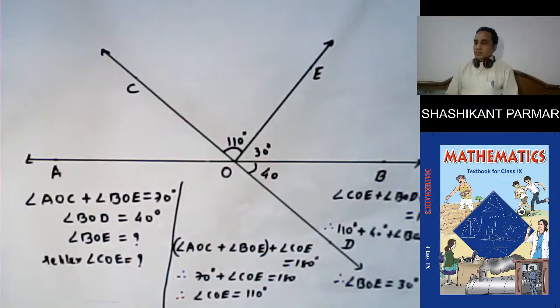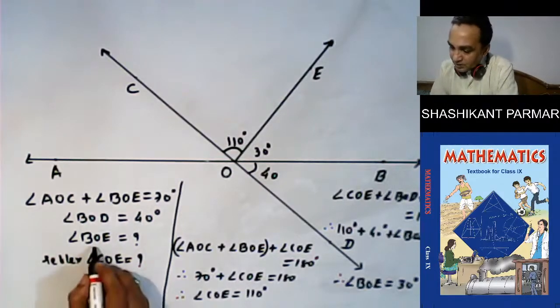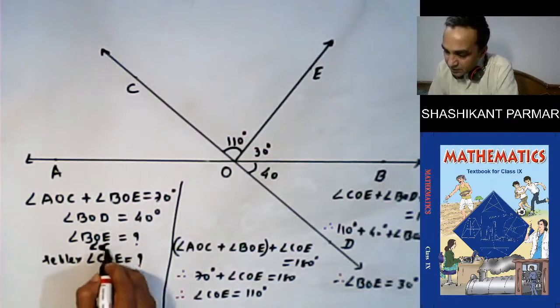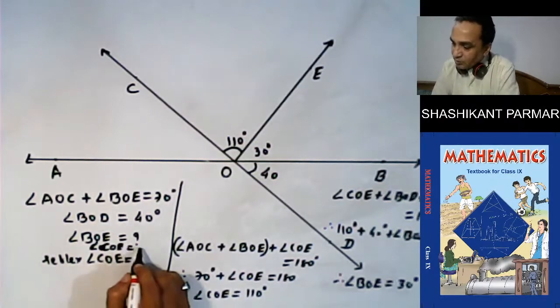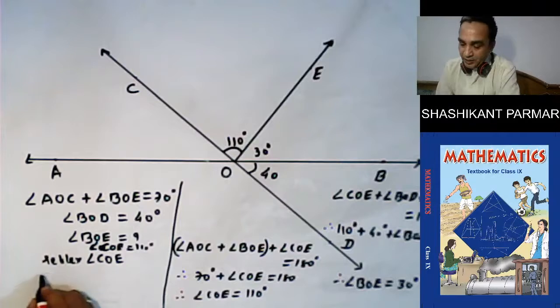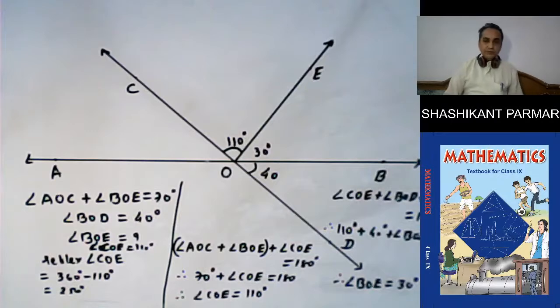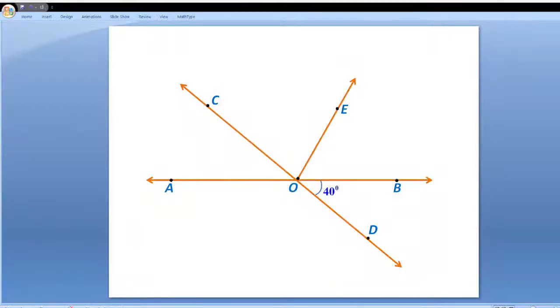Okay. And reflex angle. Reflex angle is 360 minus. So angle COE is equal to 110. Therefore reflex angle COE is equal to 360 degrees minus 110 degrees. So it is 250 degrees. Okay.